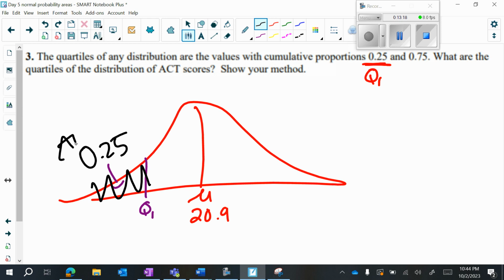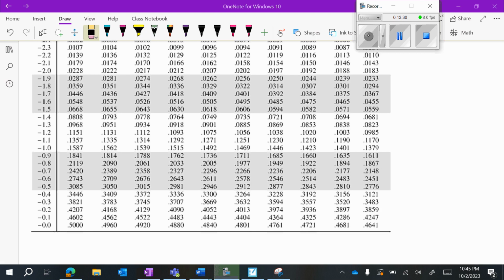Now, if you want to find the actual X value for the score, you know it's going to be less than 20.9. Now we're going to go over to table A. Specifically, we're going to go to the negative z-score side, and you want to look for the closest 4-digit area to 0.25. Remember, it goes in order. Just start looking and see if you can find the closest 4-digit area to 0.25.